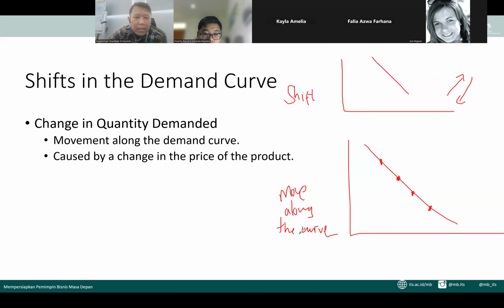There are different aspects which make the demand curve shift or move along the curve.